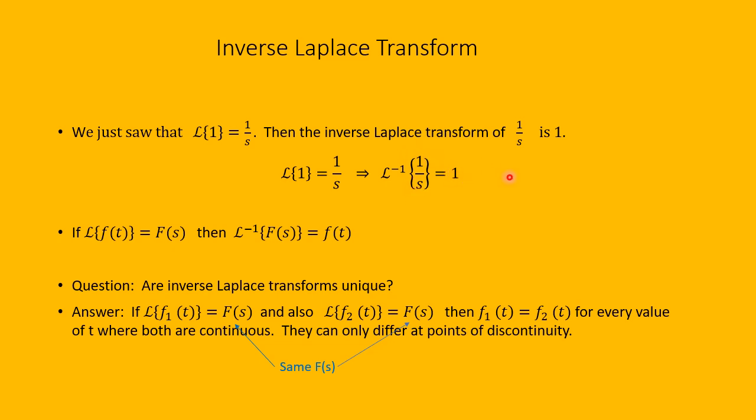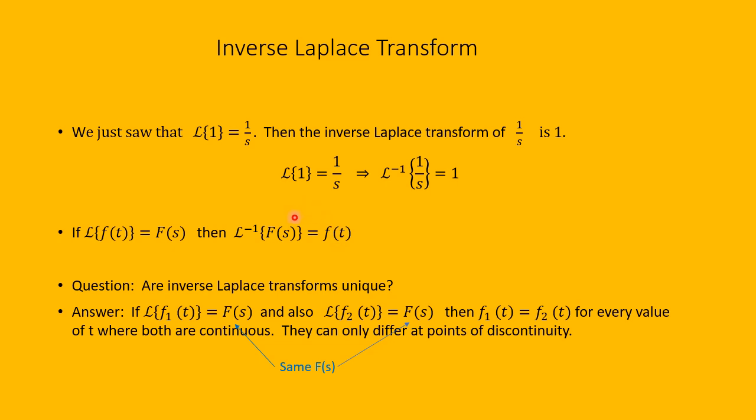So the inverse Laplace transform kind of goes backwards from the Laplace transform. If the Laplace transform of little f of t is capital F of s, then the inverse Laplace transform of capital F of s is little f of t.